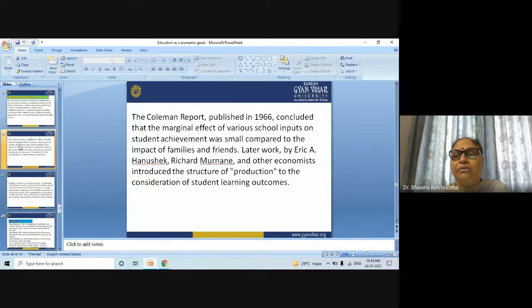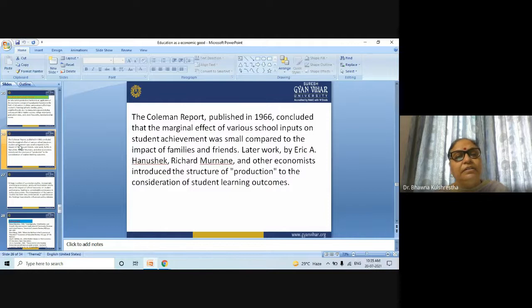On these outcomes, Hanushek reported a very high correlation between adjusted growth rate and adjusted test scores.